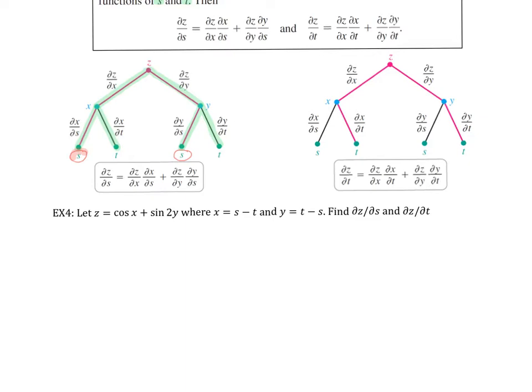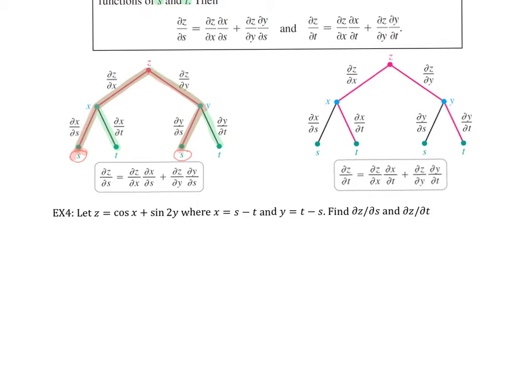So it would be the partial derivative of z with respect to x times the partial derivative of x with respect to s, plus the partial derivative of z with respect to y times the partial derivative of y with respect to s. And that would be the partial derivative of z with respect to s.